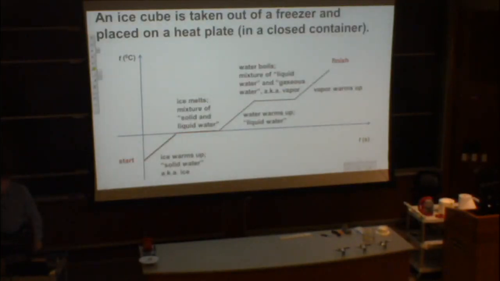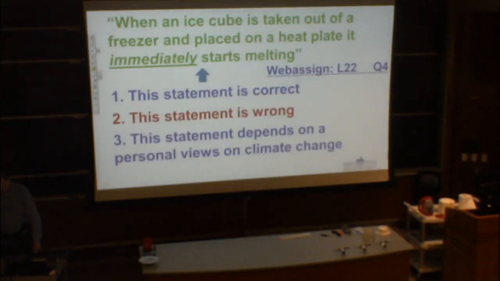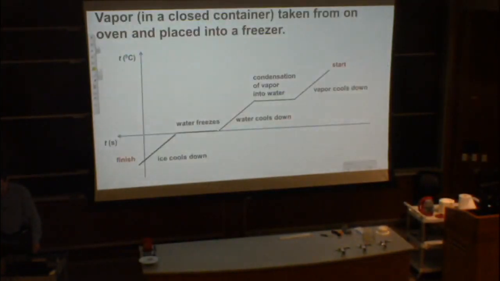And of course, we could do it backwards. Let's say we start from gas, vapor, and put it in a freezer and wait and wait. So at first it cools down, reaches 100 degrees. The phase transition always happens at the same temperature.